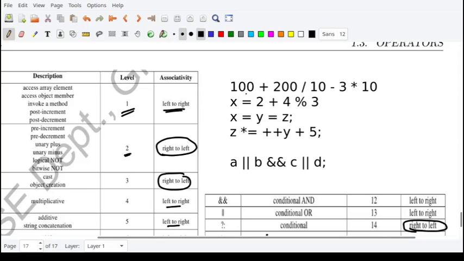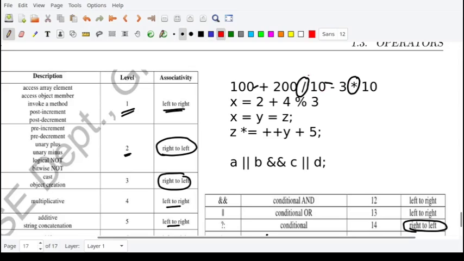So here when we look at this, we have higher precedence for division and higher precedence for star. So first these two operations will be done. Division and star have got higher precedence than plus and minus. So this division and multiplication operation will be done first.